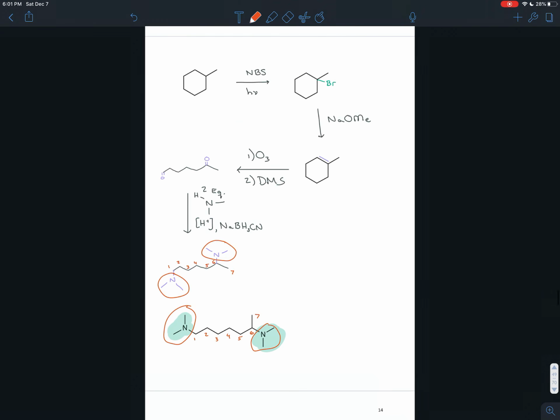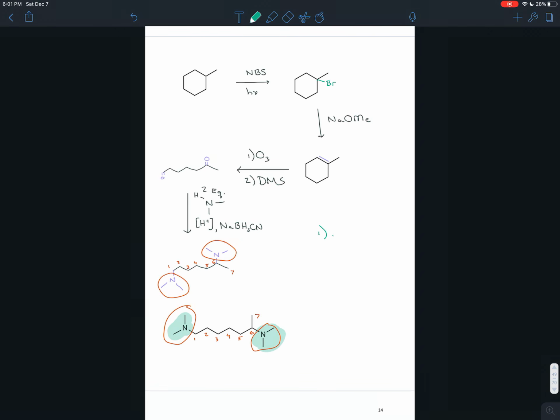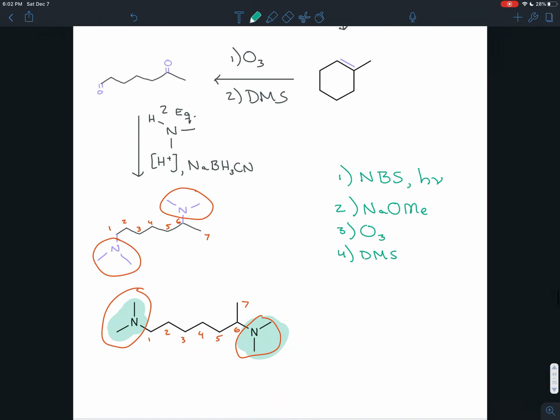So overall, if we were just listing the reactions we would need to do, first, it would be NBS and light, so NBS and h nu. Second, we would need sodium methoxide. Third, we would bubble ozone through there. Fourth, we'd reduce that with dimethyl sulfide.